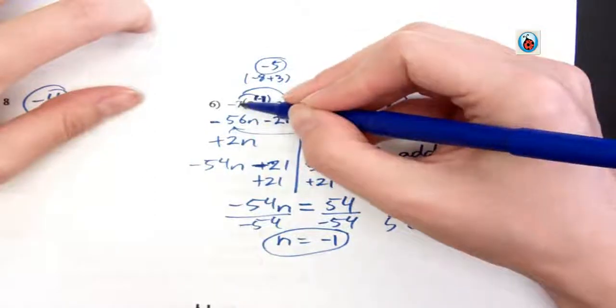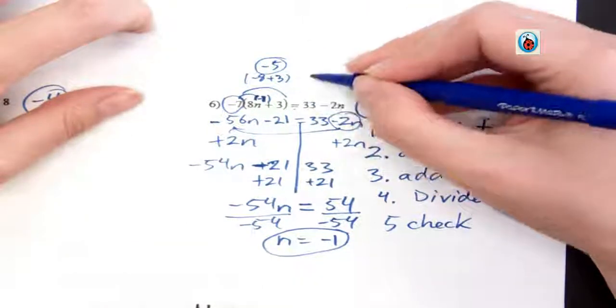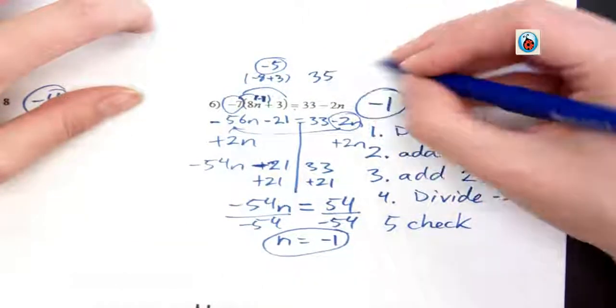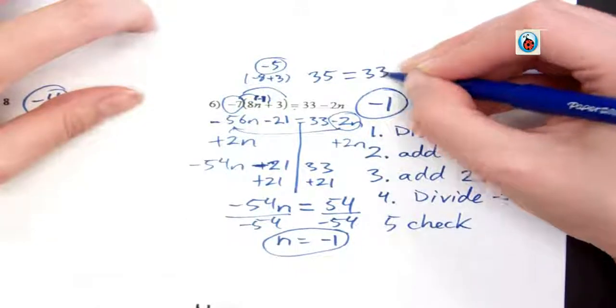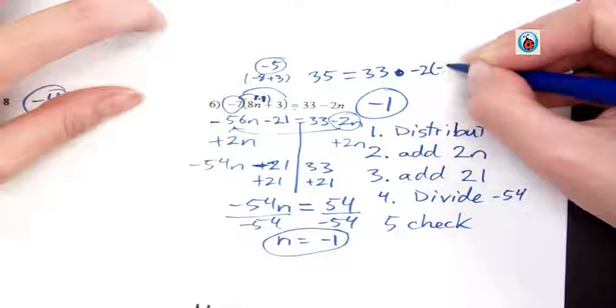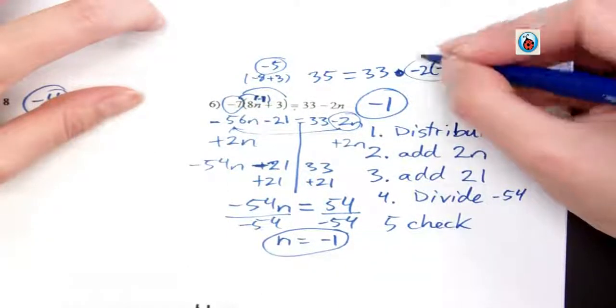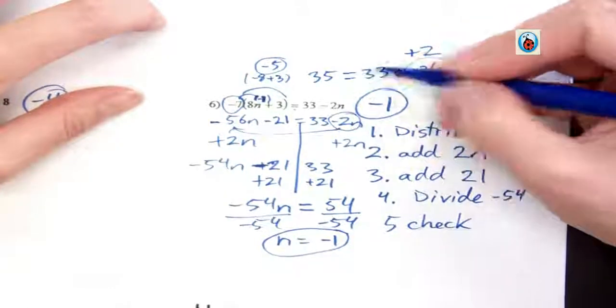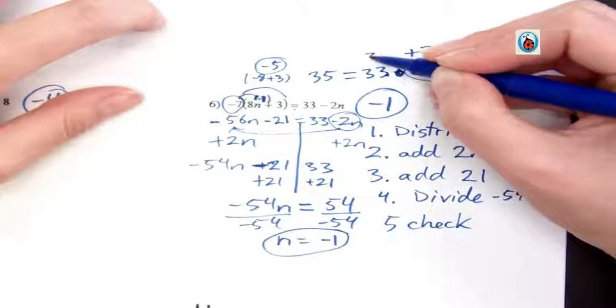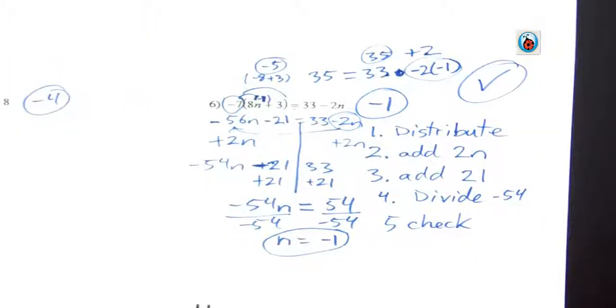And I multiply negative 5 times the original negative 7, and this side of my equation becomes positive 35. That equals the 33 minus 2 times negative 1, because I'm just taking this, plugging it in. Those multiply to give me positive 2. 35 equals 33 plus 2. That's true. So it checks. And so that's the way you do these problems. Just follow through one step at a time using your simple vocabulary.